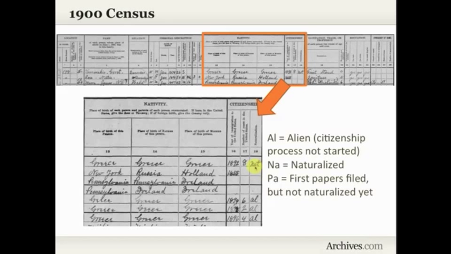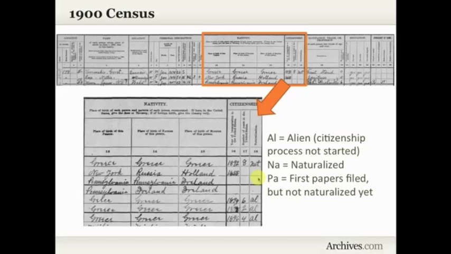They had started and completed that naturalization process. This person was a naturalized U.S. citizen. Sometimes you'll see a notation for PA, and that was an abbreviation for first papers had been filed, also referred to as a declaration of intent. So they had started the naturalization process, but they had not yet completed it.